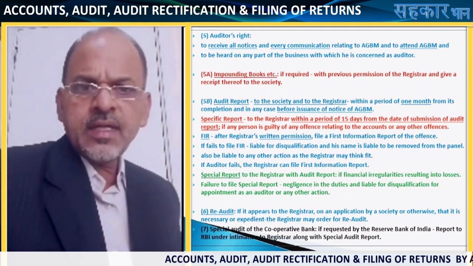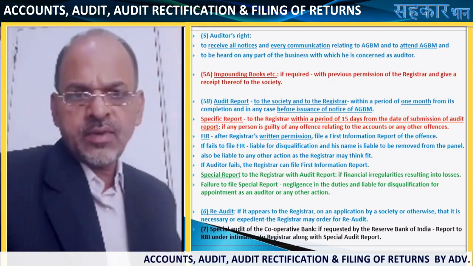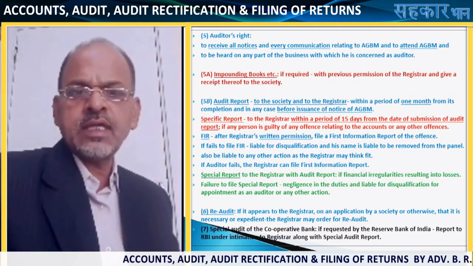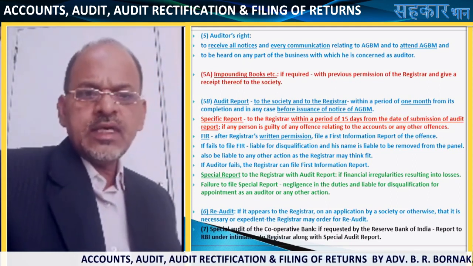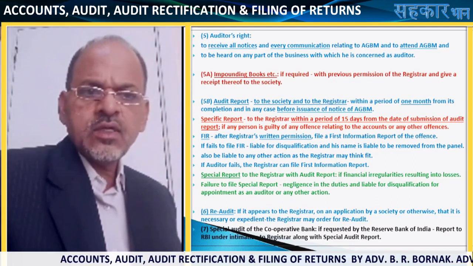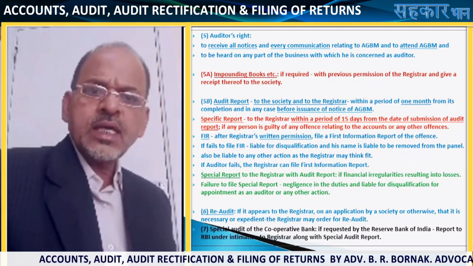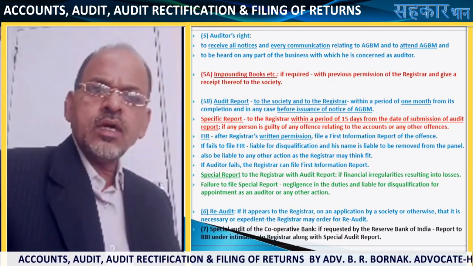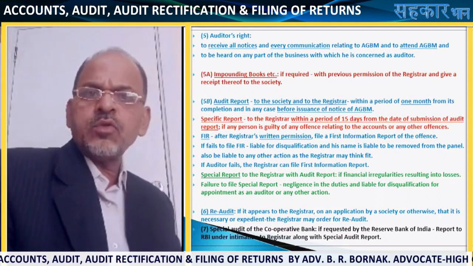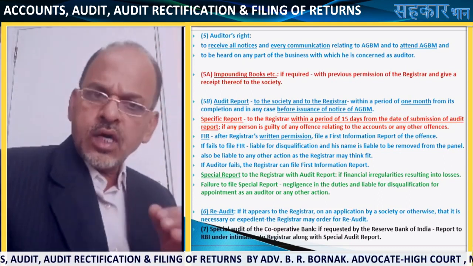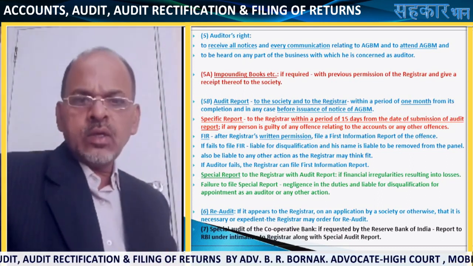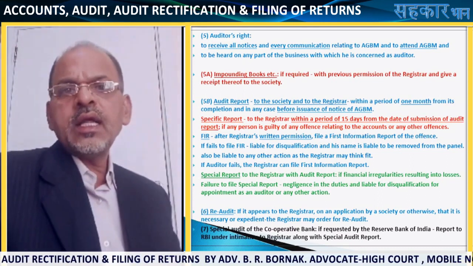On application from the society, or application from members or otherwise, if the registrar feels that it is necessary and expedient to carry out the audit again for the earlier period for which the audit was actually done, the registrar can give an order for re-audit.